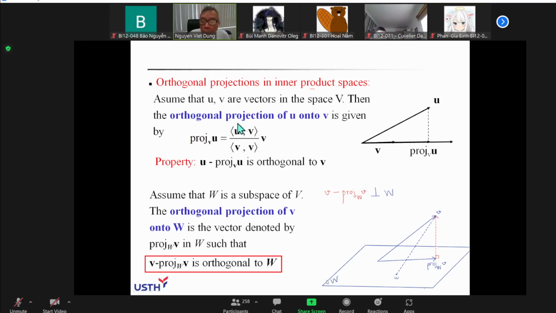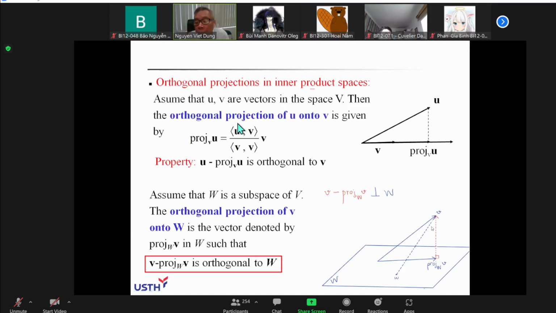W is a plane like that, and V is a vector outside. Then the orthogonal projection of V will be here, and you see V minus projection of V on W is exactly the red dashed vector here.